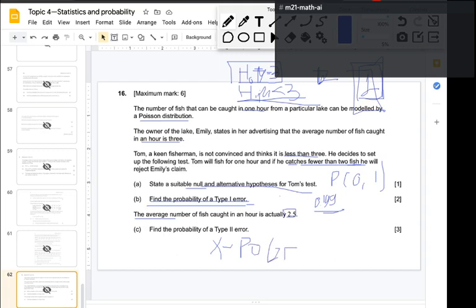And they're asking for false negative. So that means when they say it's not significant when it's actually significant. That would really just be the probability of more than 2 fishes.